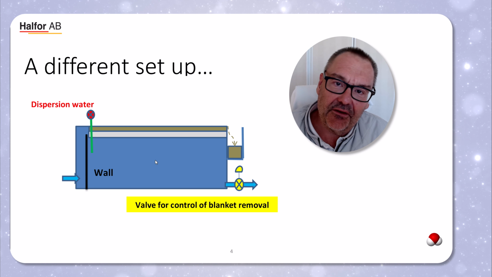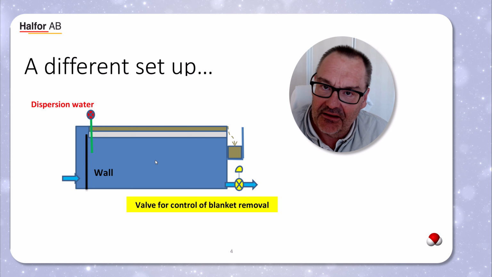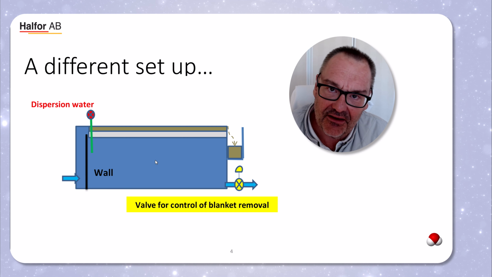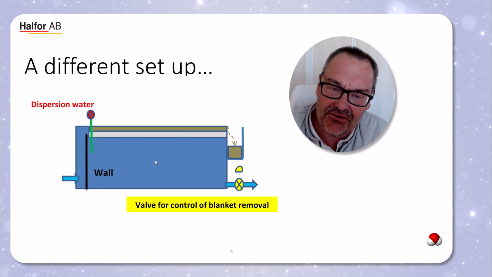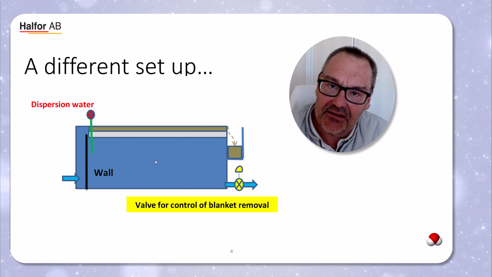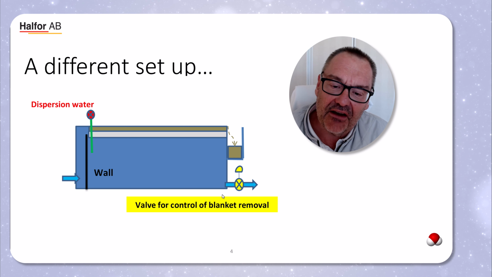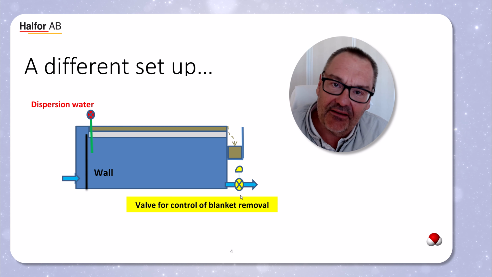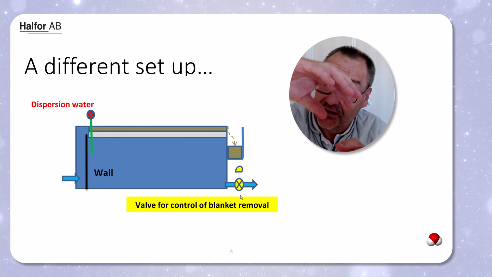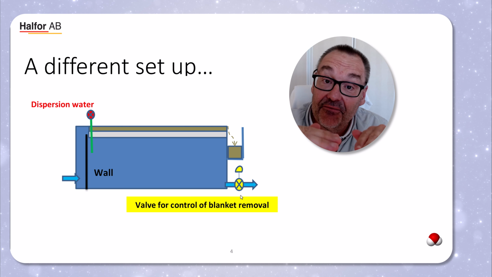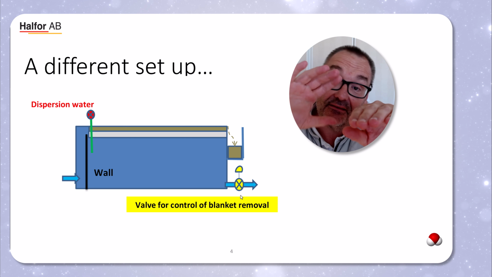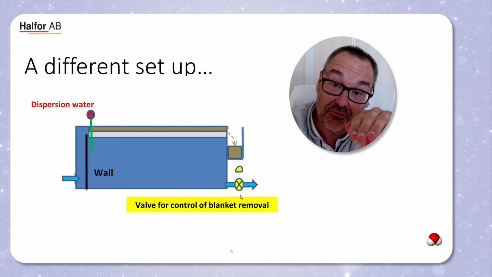Also, one of the things Bengt did in the full-scale plant was to remove the mechanical scrapers to get the sludge blanket off. He instead introduced a valve. When the sludge blanket should be removed, the valve was closed and the water level, of course, started to rise, and by that the sludge blanket was removed.